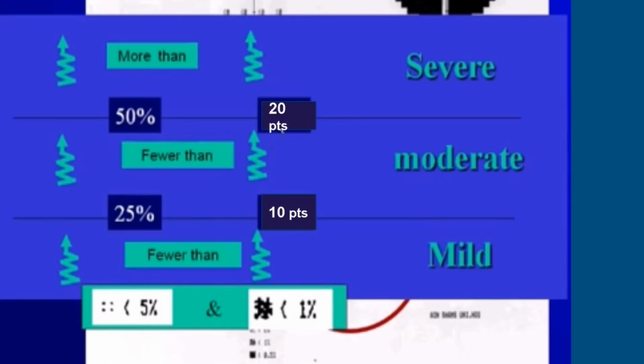So if the points with a p-value of 5% are fewer than 25%, it is mild, 25% to 50% is moderate, and more than 50% it is severe. And the points with p-value of 1%, if there are less than 10 points, it is mild, 10 to 20 points is moderate, and more than 20 points is severe.